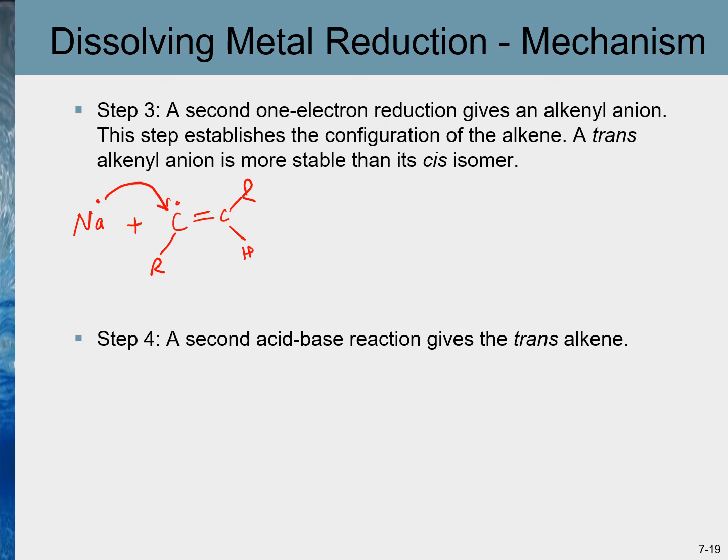This donation of electron, because it's a single electron, should be represented by a fishhook arrow or half arrow. This will result in formation of a sodium cation because it donated its electron, and formation of an anion because now this carbon has a pair of electrons.